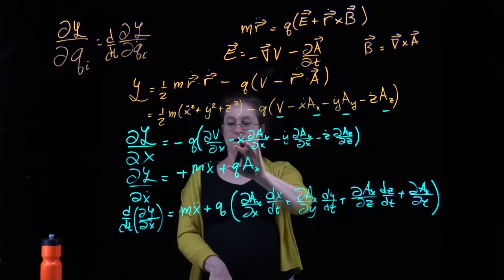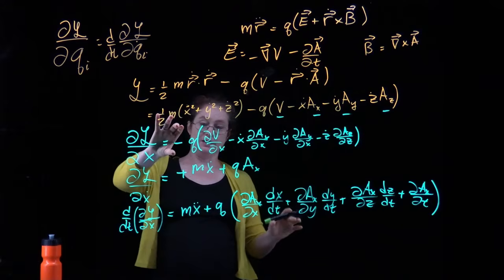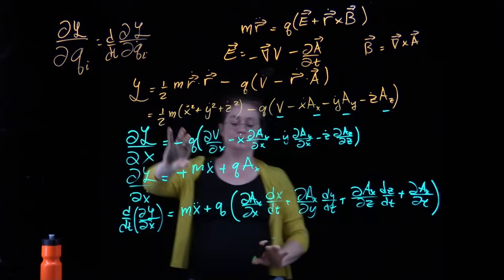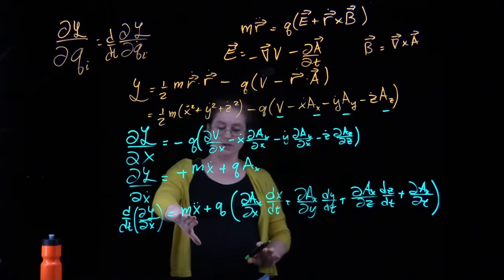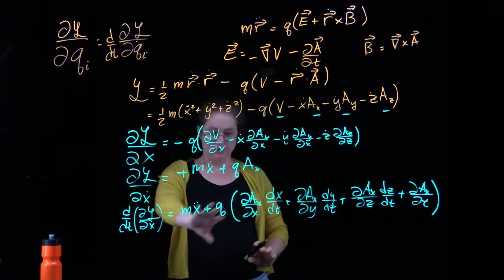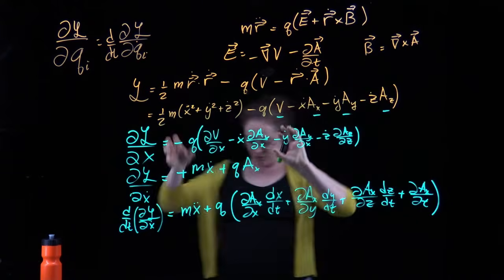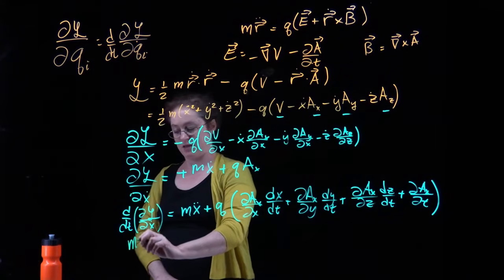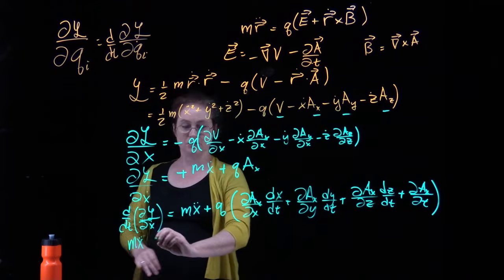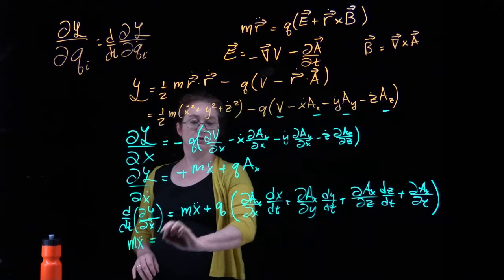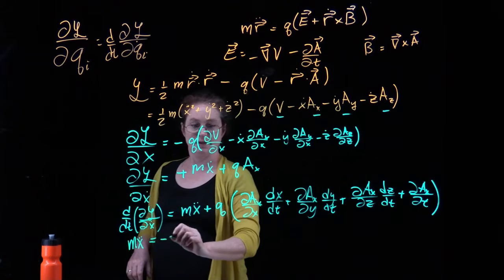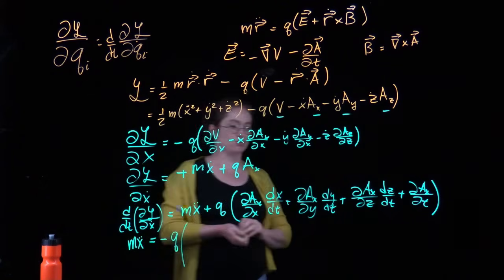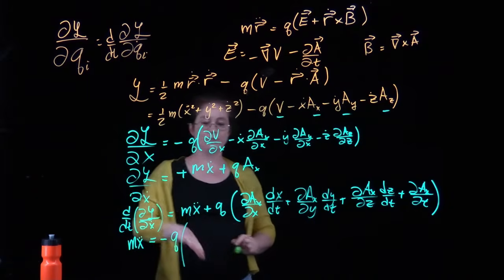Then this equals that, and I am going to move all of this over here. So I get m x double dot equals negative q. Now let me track terms really quickly.